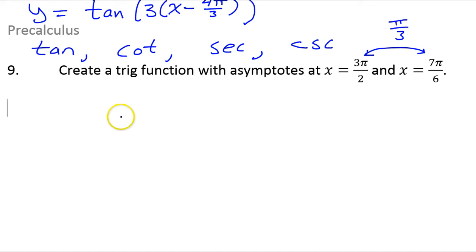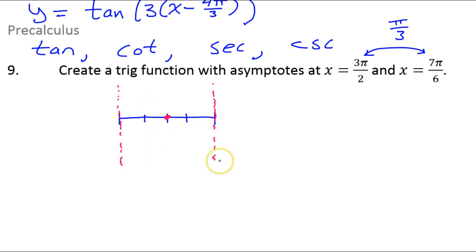Well, we've learned that if I wanted to do one period of the cotangent function, the cotangent function begins and ends with an asymptote. Each period begins and ends with an asymptote, with one extra dot at the midline right in the middle. So this is sort of the pattern of the cotangent function.